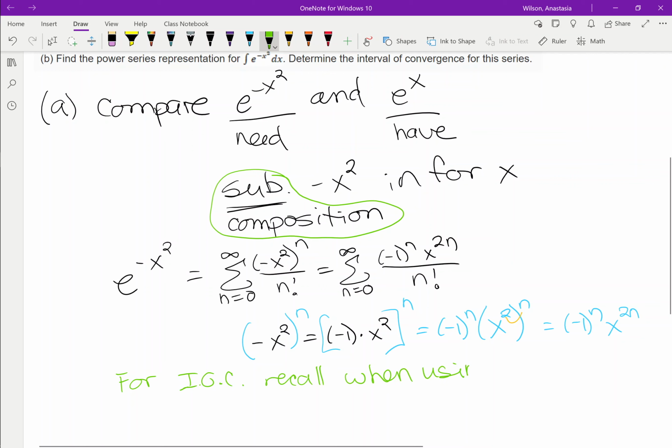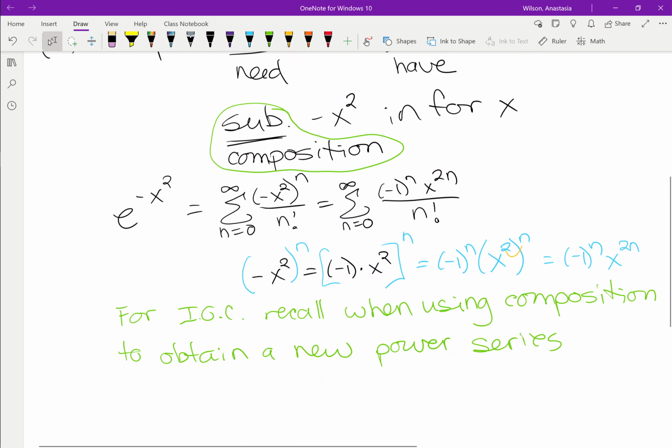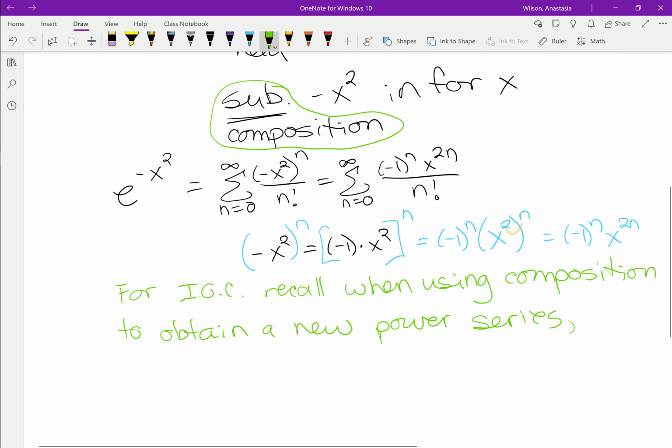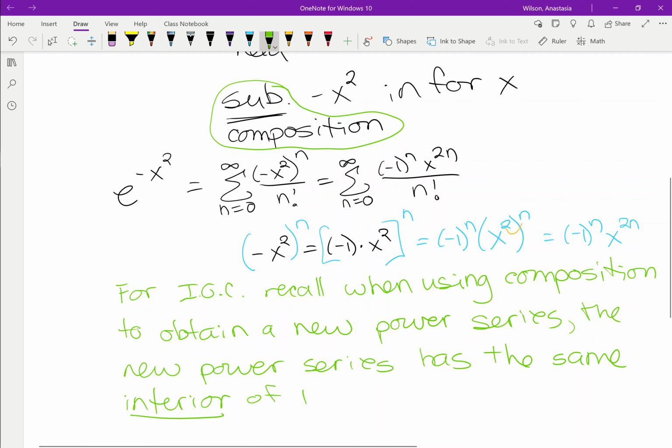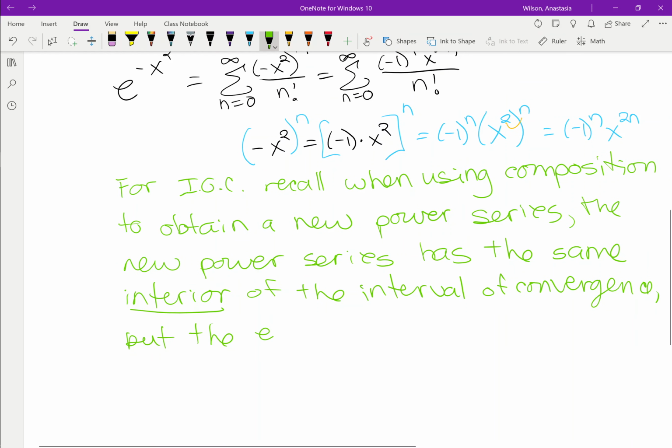So recall, when using composition to obtain a new power series, the new power series has the same interior of the interval of convergence, but the endpoints may change, so they must be checked individually.